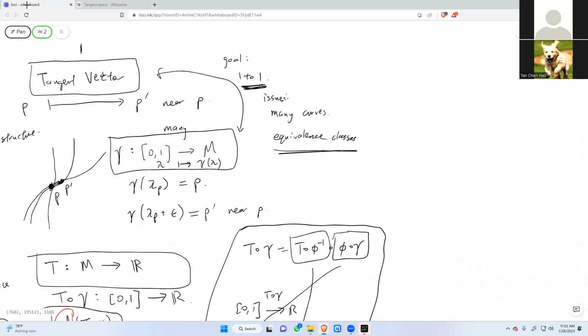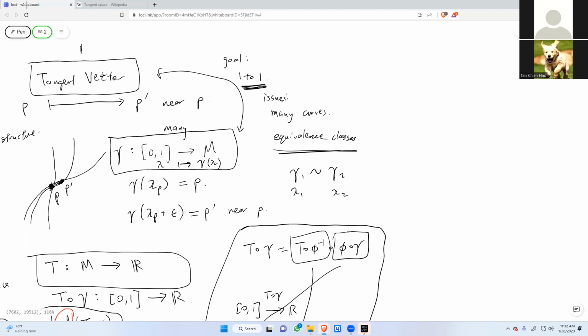So we have to define an equivalence relation between curves gamma 1 and gamma 2. We basically say that they're equivalent if, let's say the parameters defined are lambda 1 for this one and lambda 2 for this one.